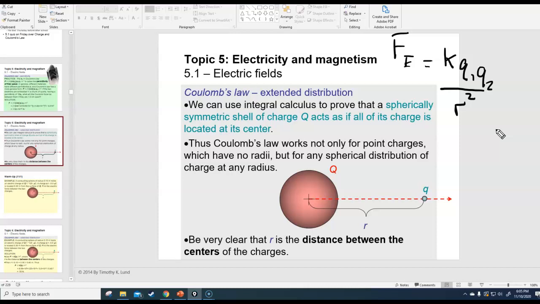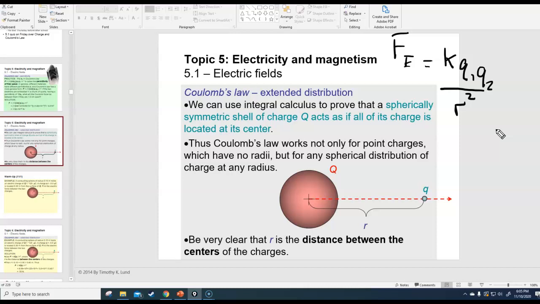Now, generally speaking, you need relatively complex calculus to apply Coulomb's law in situations where you don't actually have point charges. We're not going to do any super crazy integral calculus, but we're going to look at a simplified situation in which even if you don't have a point charge, you can still get the correct answer using Coulomb's law.